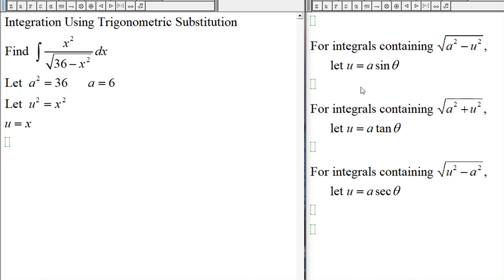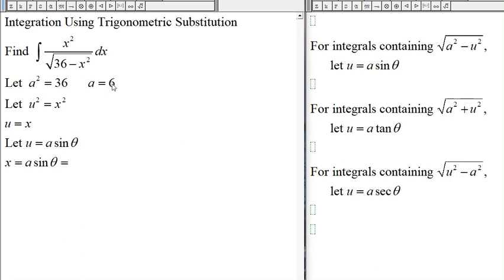And then from the suggestion, we'll let u be a sine of theta. But u is x, so we have x equal to a sine of theta.